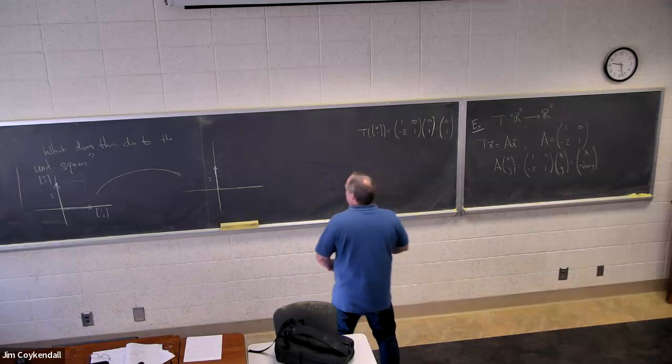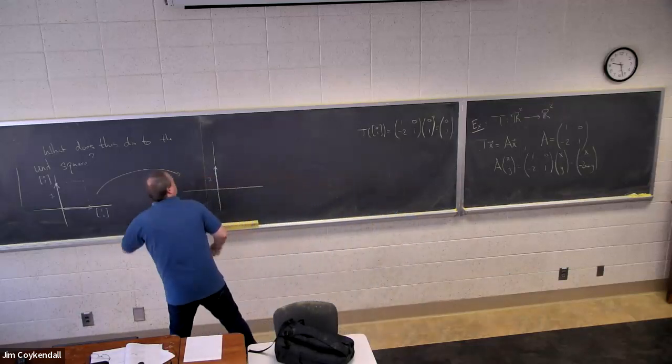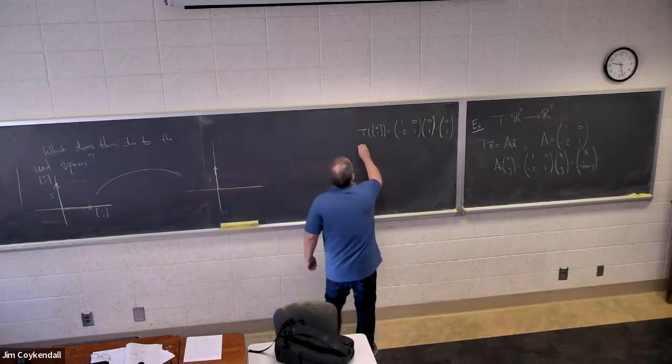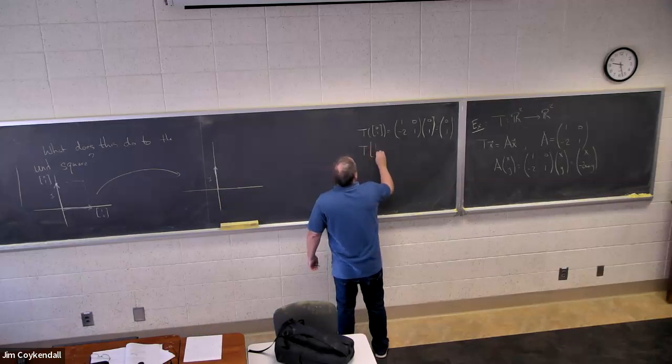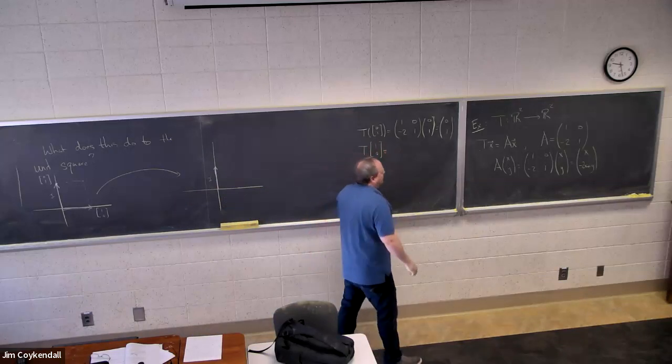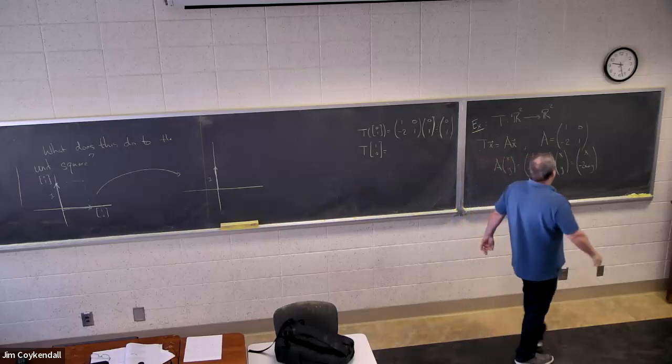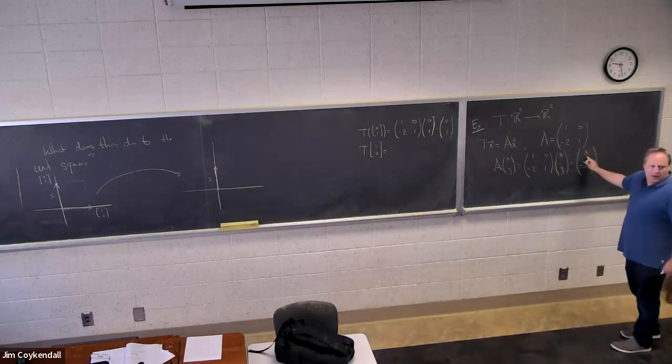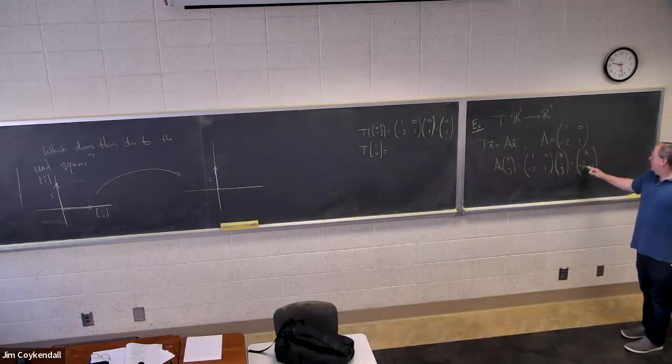Okay, this one's trickier. How about 1, 0? Well, let's use the formula because I didn't bother to write it up. See, x is 1 and y is 0, so it should go to 1, -2. Right?